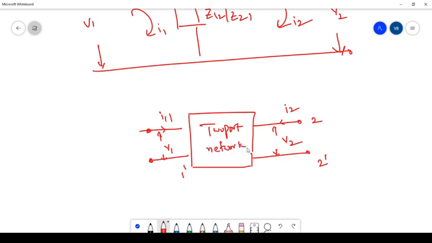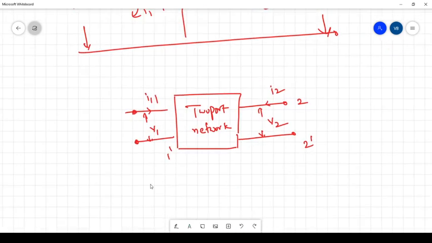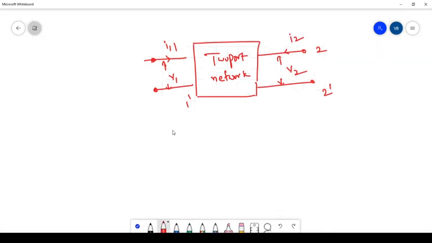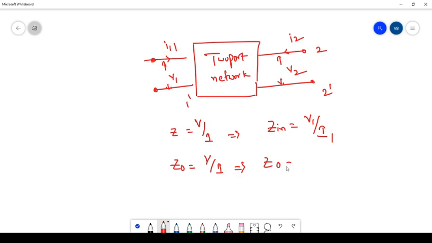So if we write the two-port network equations for the impedance parameters, impedance is nothing but Z equals V by I. In the same way, input impedance we can write as input voltage to input current, V1 by I1. In the same way, output impedance is output voltage to output current, so Z output equals V2 by I2.